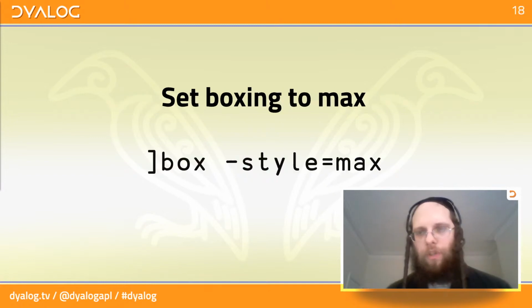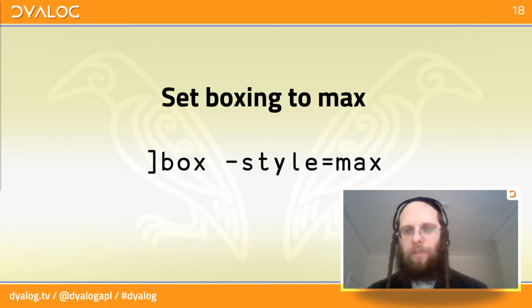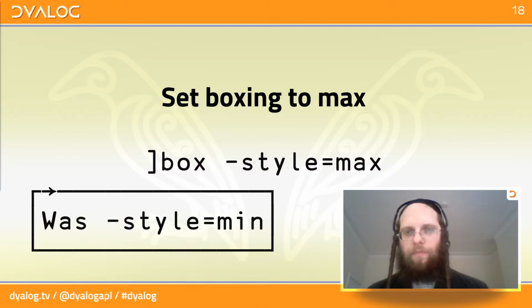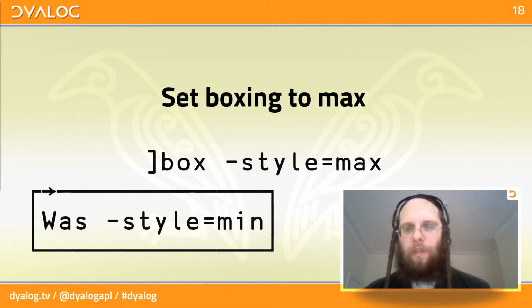Now, because we're going to deal with high rank arrays and length 1 axis, I'm going to turn boxing on to the max level. That's not something I usually use, and it's not the default because it is very verbose, but it does give us somewhat more clarity for special arrays. And let me quickly explain how this works. With the max style of boxing, we always get these frames around arrays, and we also get indicators for the axes involved and also the types, which we don't need for this part.